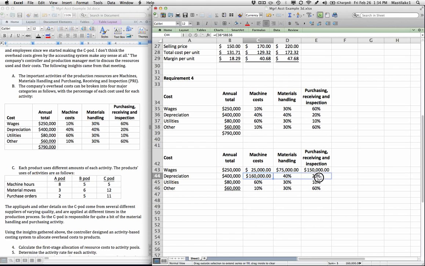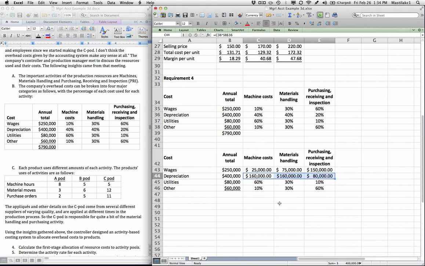And again, we can drag that across to our cost pools. Machine cost is going to get 60% of the $80,000. And it's going to get 10% of the $60,000. And so we can total the costs in each of our cost pools.